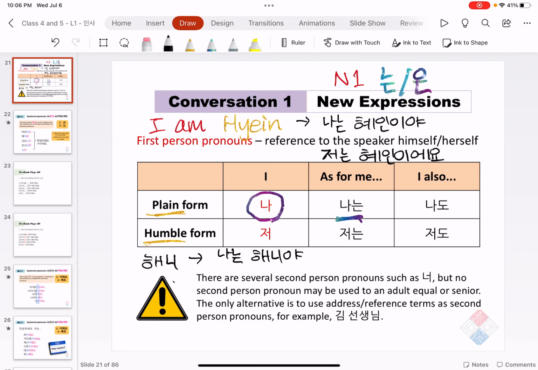So instead of ending in 이야, I'm going to say 야. And then I would say 저는 Hanny 예요. Okay. So those are the plain and humble form.